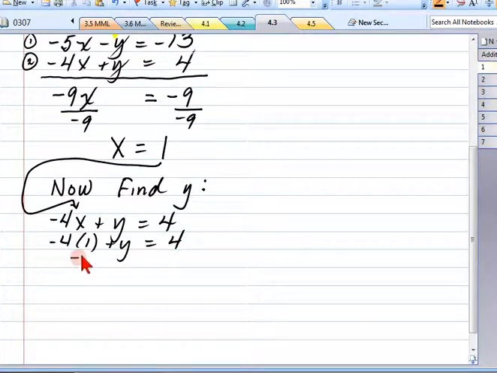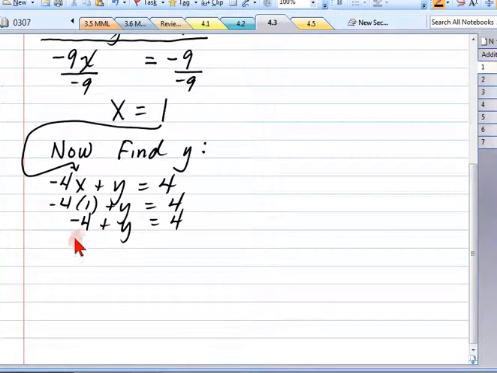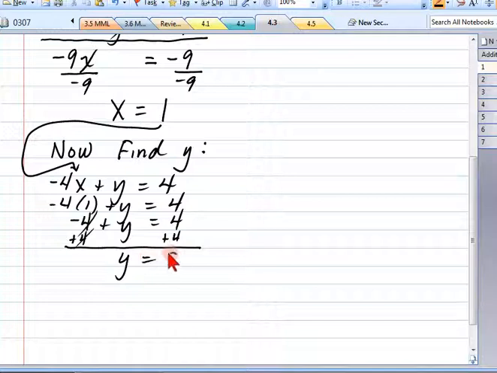Negative 4 times 1 is negative 4, plus y is 4. And what do I do to finish solving that for y? Okay, I'm going to add 4 because that's a negative 4. So I'm going to add 4 to both sides. That's gone, and I have y is positive 8.